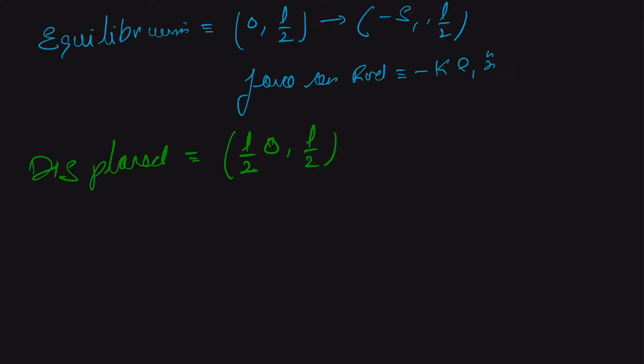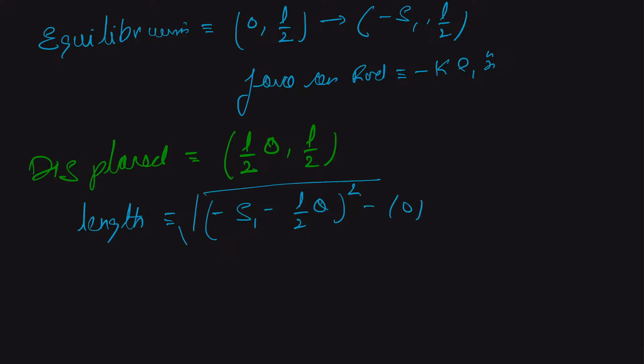And therefore we can find out the length. So we can say our length will be equal to, we can simply use the distance formula, that is minus S1 minus L by 2 times theta, whole square, and next obviously will be 0, because that will be L by 2 minus L by 2, so it's square root.